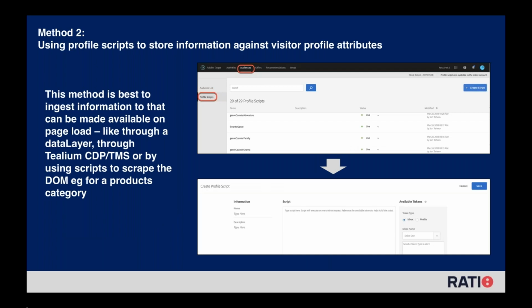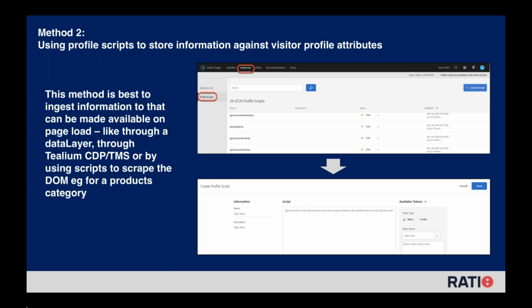Another option that you have available to you is to expand the so-called visitor profile within Adobe Target by using profile scripts and profile attributes. And there are a few different ways that you can use these. So I guess the first thing to say is that this is a method that you should be using when you have information that can be available on the page at the time that it loads.